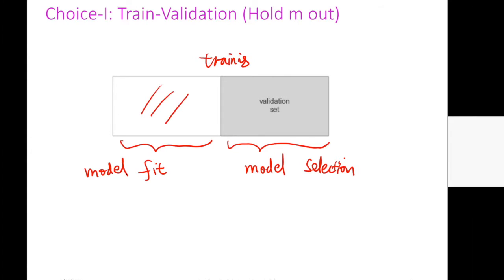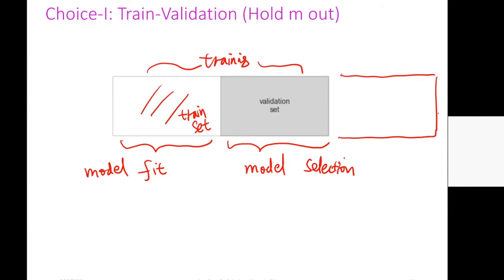So the correct way is this: the whole thing is the train set, people normally call this the train set, and then this is called a validation set. And then there's a separate set called the testing set, still the same as we had before, and this is for assessment.